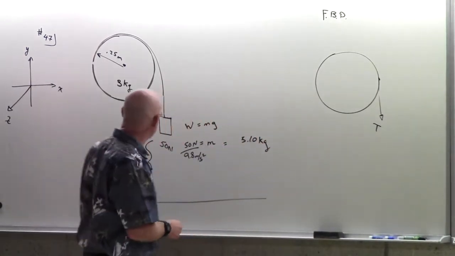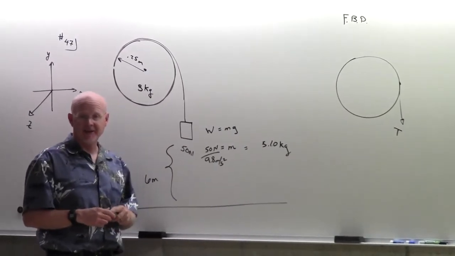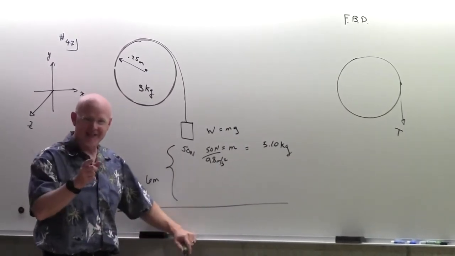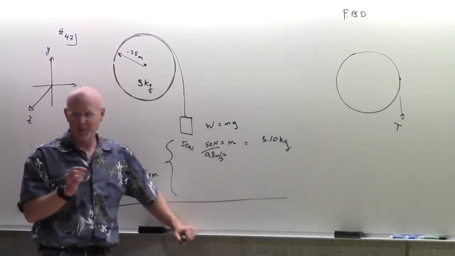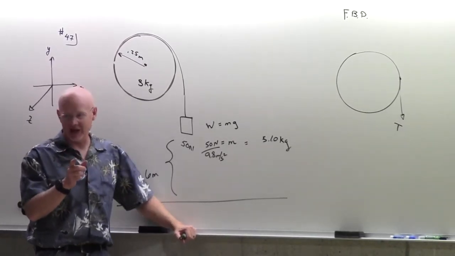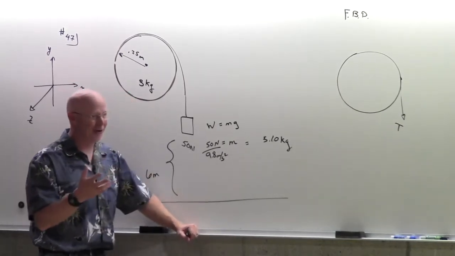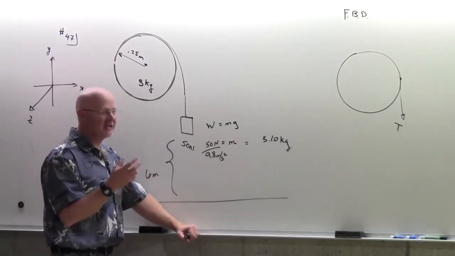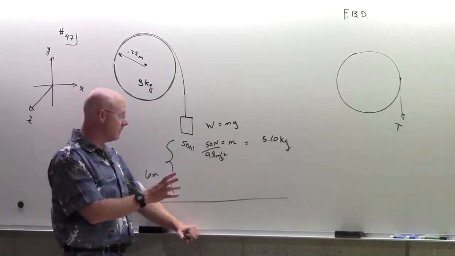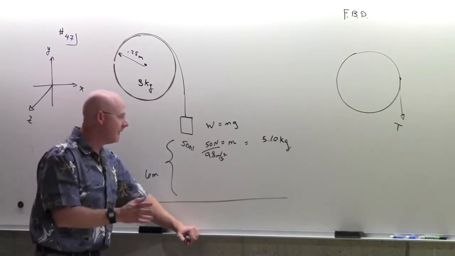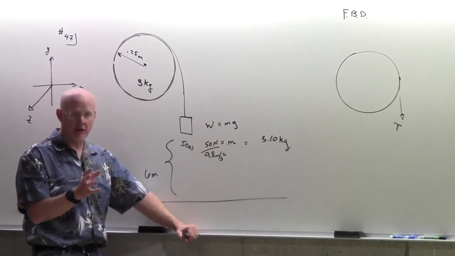By the way, is that tension 50 newtons? Does the tension in the string equal the weight of the object? No. Right, we talked a lot about that in chapter 5. We probably should continue to talk more about that. But there is some tension, and I'm not going to set it equal to 50. I'm tempted to, but that would be very wrong. Okay? There is tension.